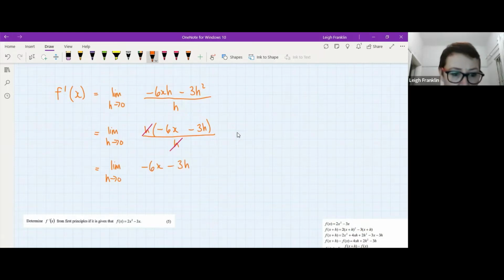Or you can just go straight to the answer, which in this case would be minus 6x. I do not show that h is 0, but essentially what we're doing is subbing in our heads. So this term over here becomes 0, but I'm not allowed to show it. Is everybody happy with that?